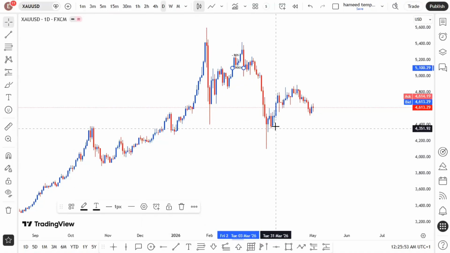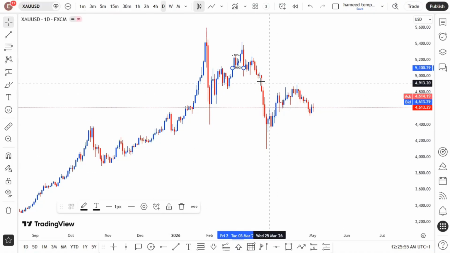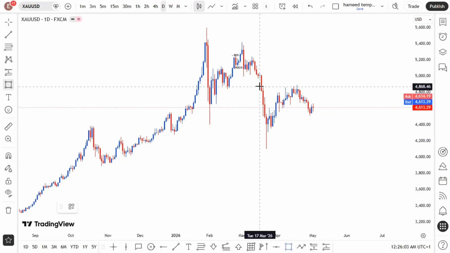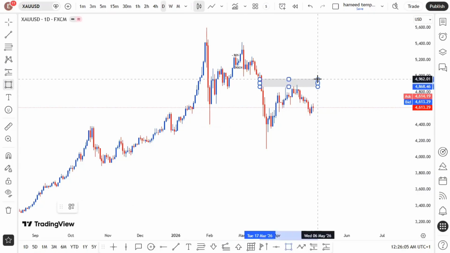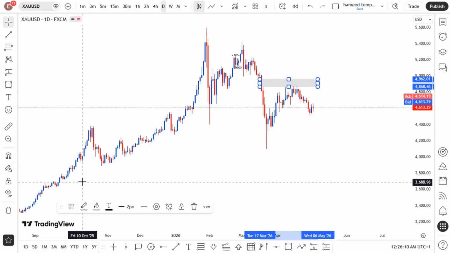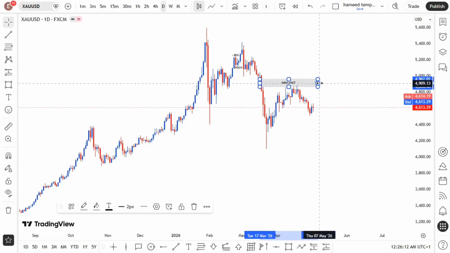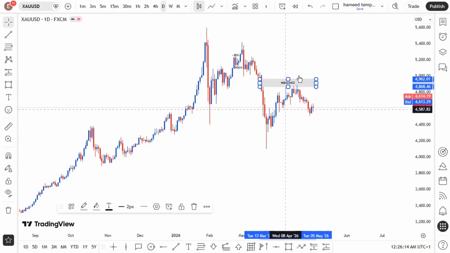So the market is now trying to move back into that level. But as you can see, the market is already reacting to this FVG here. I see the same thing as an imbalance. The market is already reacting there, and we are having a bearish move.